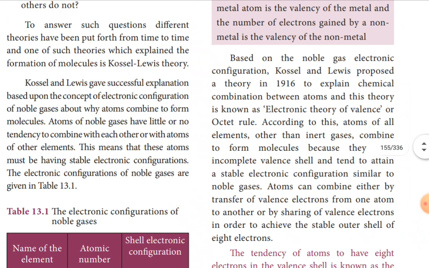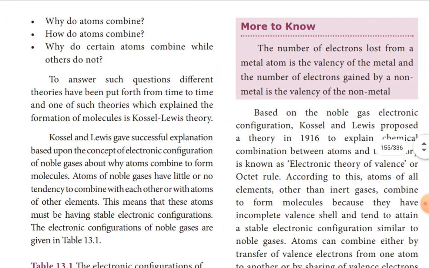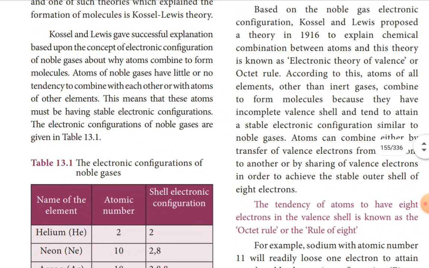Now we come to that first column. To answer such questions, different theories have been put forth from time to time. One of such theories which explain the formation of molecules is the Kossel-Lewis theory. Kossel and Lewis gave a successful explanation, based upon the concept of electronic configuration of noble gases, about why atoms combine to form molecules.